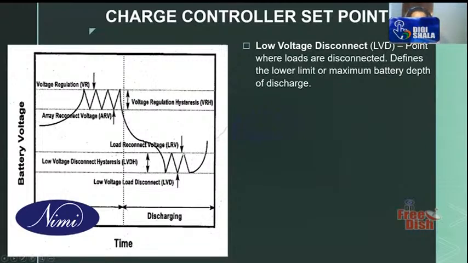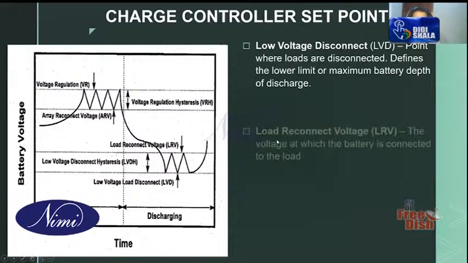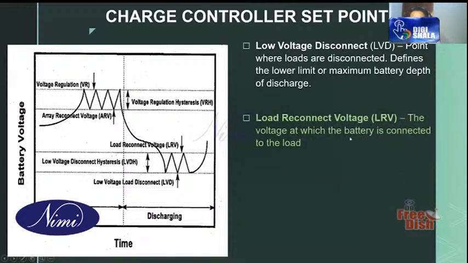So this voltage is called load reconnect voltage, LRV. So here this is the point up to which the charge controller is allowing the battery to charge.